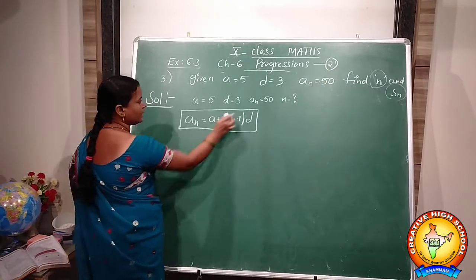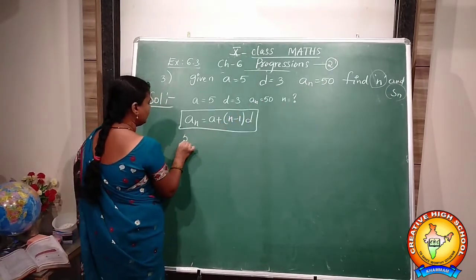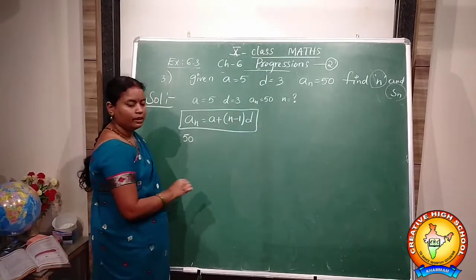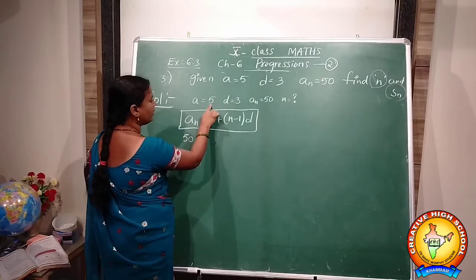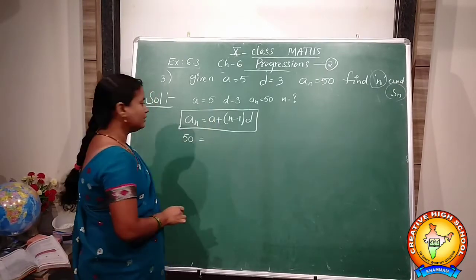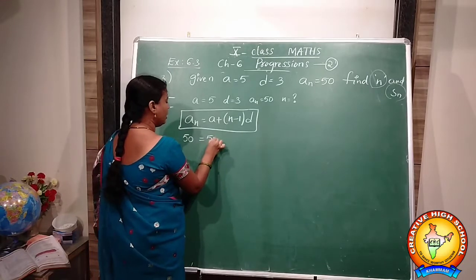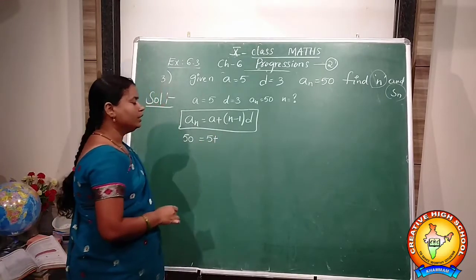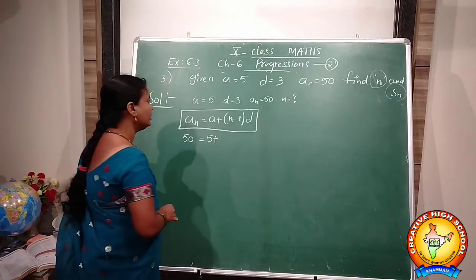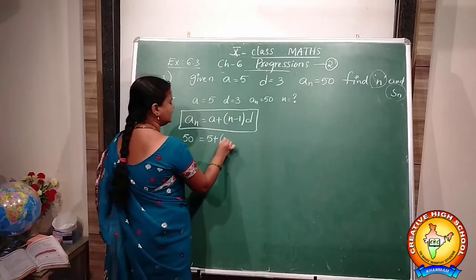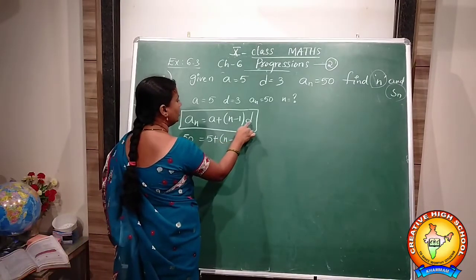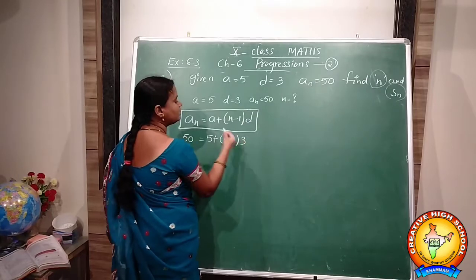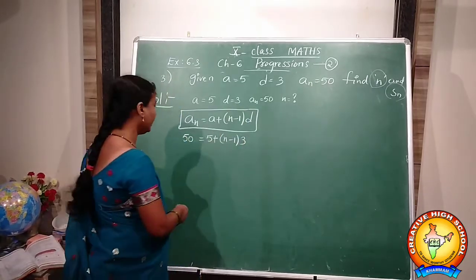An is given in the question, that is 50. 50 is equal to a value, a value is 5, plus n value, we don't know the n value, write it as it is, minus 1 into d value. D value is 3.